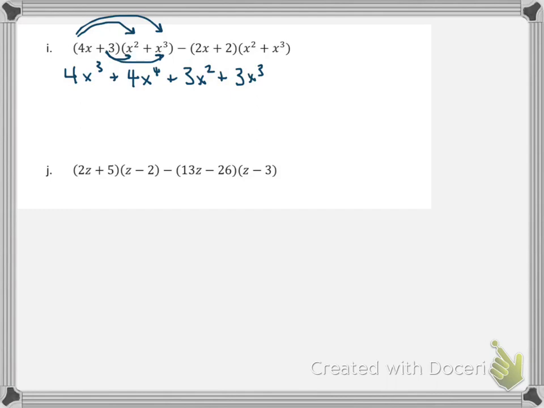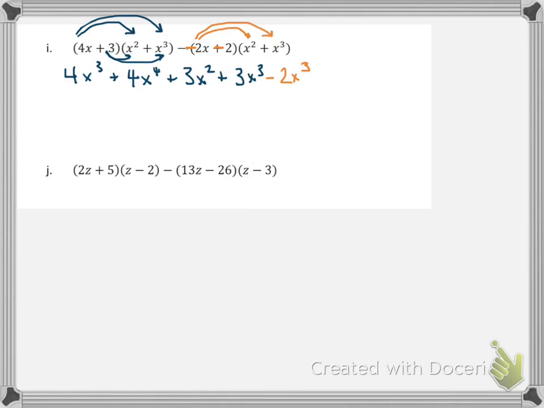All right, and now I am going to change this. It's the opposite of 2x plus 2, so that would be a negative 2x minus 2. And then I'm going to distribute that negative 2x. So negative 2x times x squared would be a negative 2x cubed.